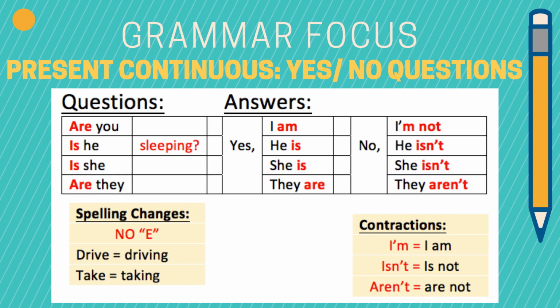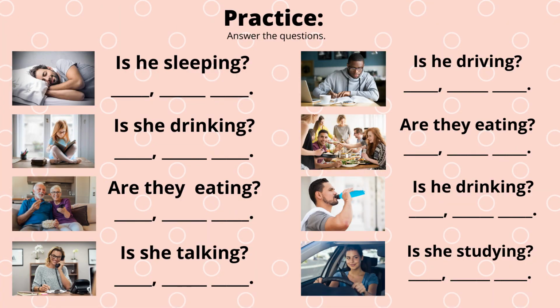Let's go ahead and practice some of these questions. On your screen, you're going to see some questions. I want you to answer the questions either in the positive or the negative. You might say, yes, he is, or no, he isn't.